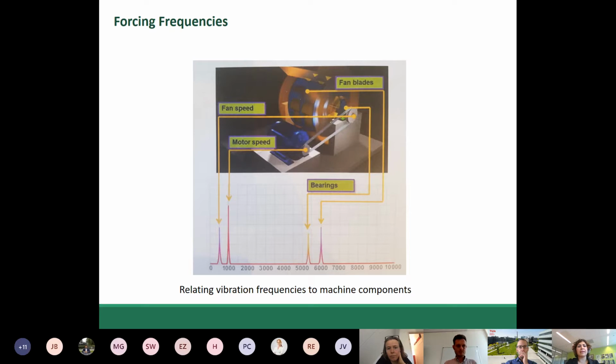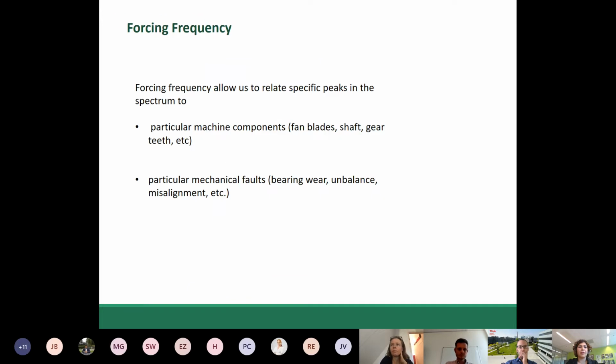These forcing frequencies can be calculated based on geometry properties, and there are also some sheets available that have calculated the forcing frequency of the components. The concept of forcing frequency is essential in fault diagnosis or condition monitoring. Forcing frequency allows us to relate specific peaks in the spectrum to either particular machine components or particular mechanical faults.